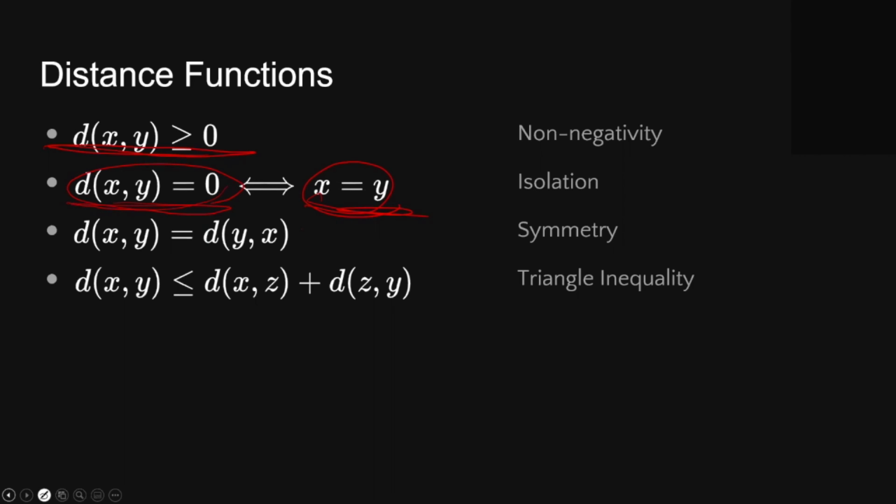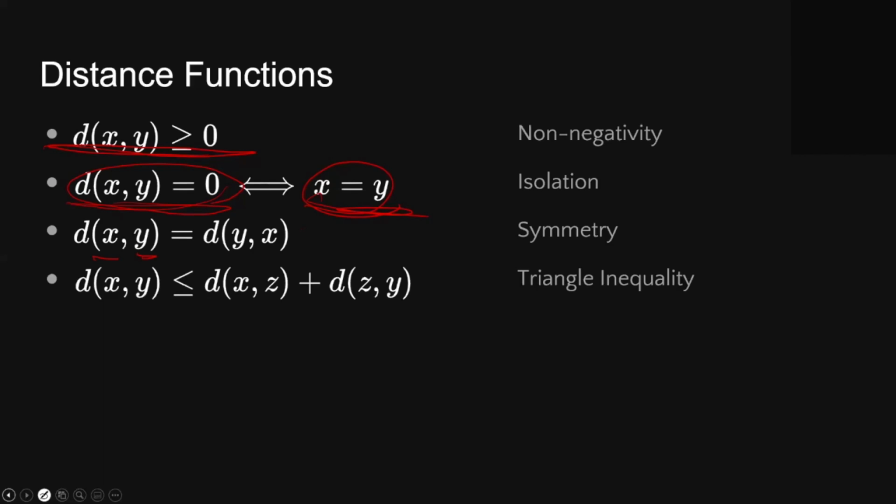That's another property a distance function must satisfy. The third property is symmetry. It doesn't make sense for the distance from Chicago to Iowa City to be different from the distance from Iowa City to Chicago. So the distance from x to y has to be the same as from y to x. If a function does not satisfy that condition, then you cannot call it a distance function.